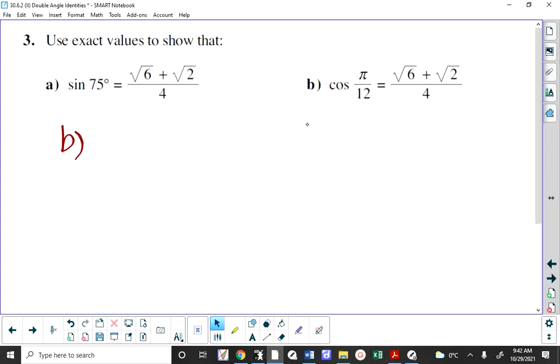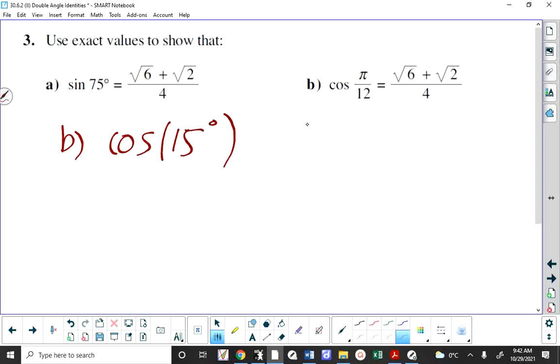So we are asked to find the cosine. Well, we're not asked to find the cosine of 15 degrees. We're asked to show that the cosine of 15 degrees is equal to the square root of 6 plus the square root of 2 all over 4. So in my mind, let's find out what it is, and hopefully we get that answer.